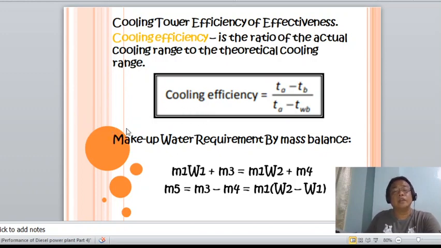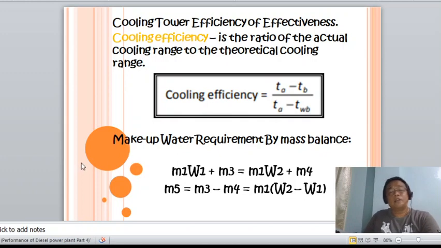M sub 1 multiplied by W sub 1, meaning the mass of the water carried by the air, where W sub 1 is the humidity ratio of the air, plus M sub 3, of course the hot water, is equal to M1 W sub 2. This is the mass of the air multiplied by the humidity ratio of air leaving the tower, plus the mass of the cold water.